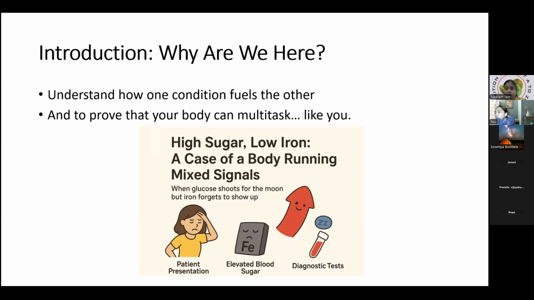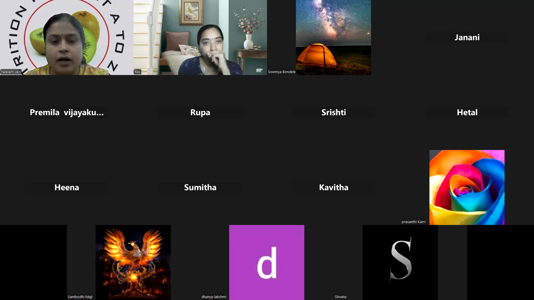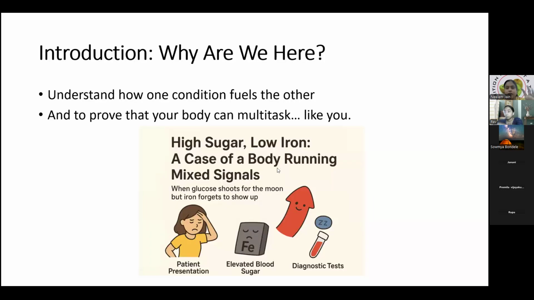Okay. Another interesting story: how did this case come to me? I had treated her son, who was 17 years old, when he was studying in school. At that time we treated this boy, and I had presented his case also.